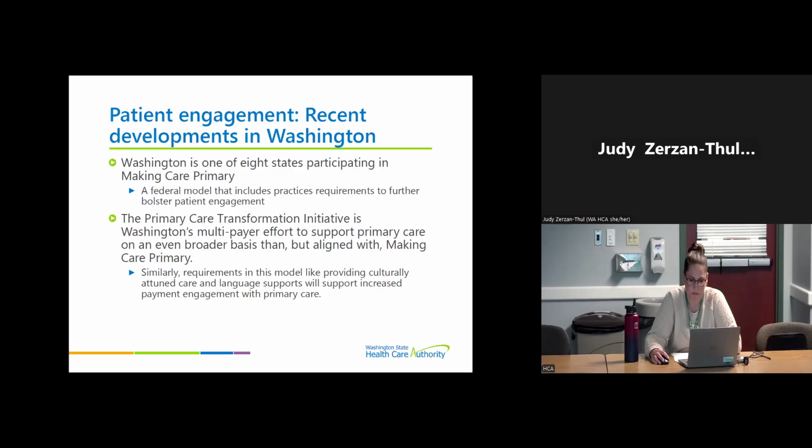And this broader initiative similarly has all sorts of elements in the model that are very supportive of patient engagement, which includes things such as providing culturally attuned care, having the right language supports, things like that. Again, this is taking a step back to acknowledge that there are things happening that will support primary care engagement and patient engagement. And all of these things work towards achieving that 12% target. If you could go to the next slide, please.